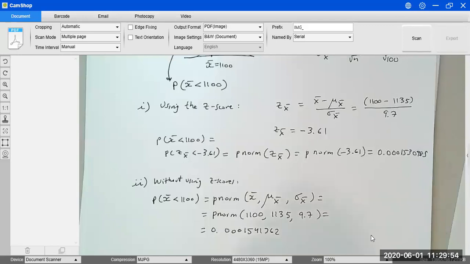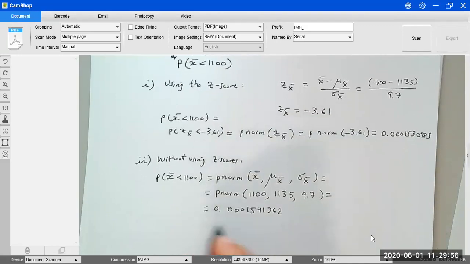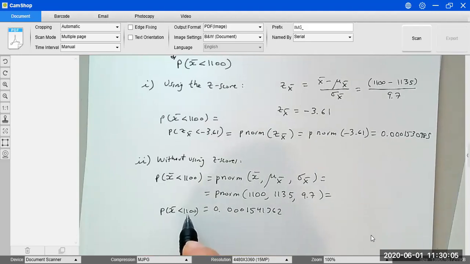So yes, you can see that this value, the probability that the mean is less than 1100, that the bull weight is less than 1100 pounds, is less than 0.05.